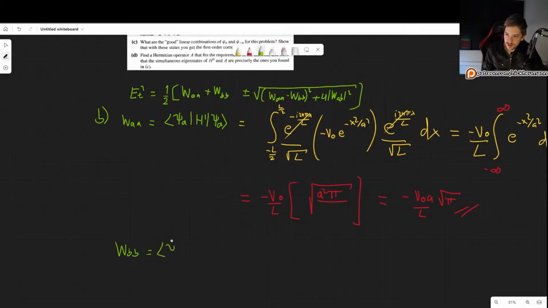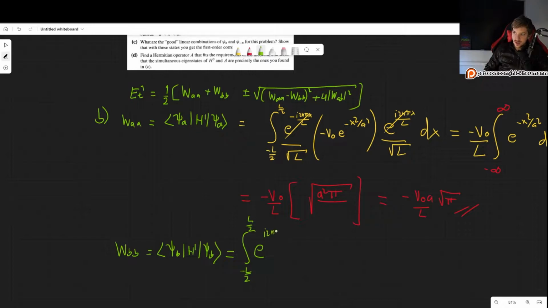this is going to be psi B H prime psi B. So this integral is the same as before, minus L over 2 to L over 2, but now psi B is the negative exponent, so when we take the conjugate, we get a positive one.